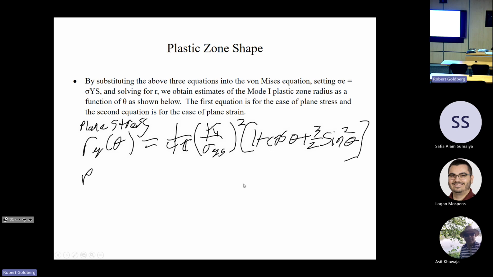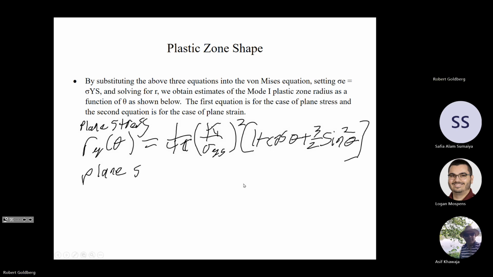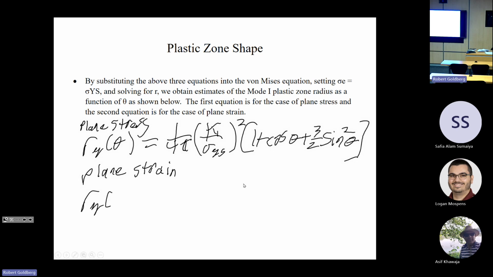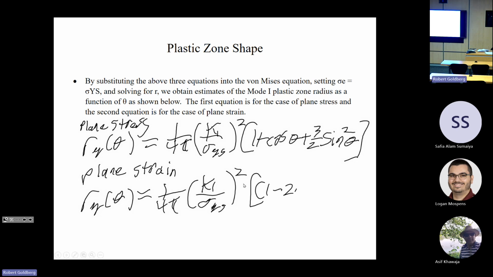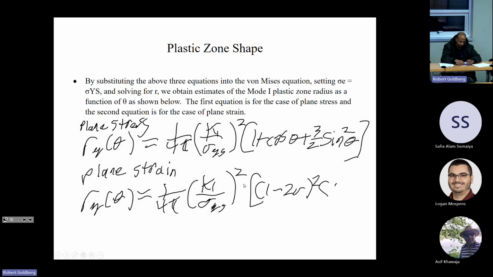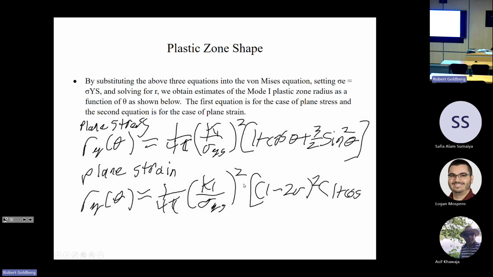And for the case of plane strain, we get the plastic zone radius as a function of theta equal to 1 over 4 pi times K1 divided by the yield stress, squared, times the quantity 1 minus 2 nu, squared, 1 plus cosine theta plus 3/2 sine squared theta.